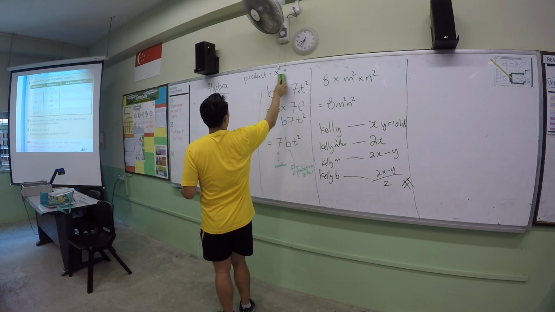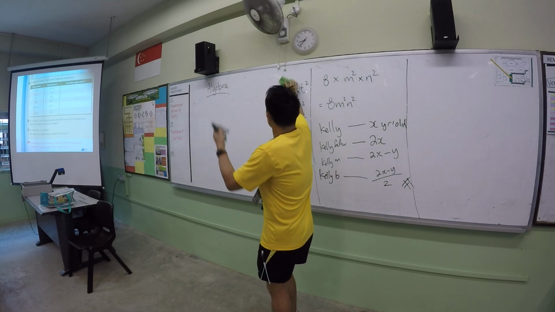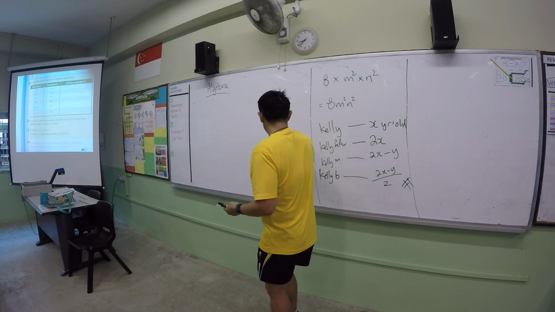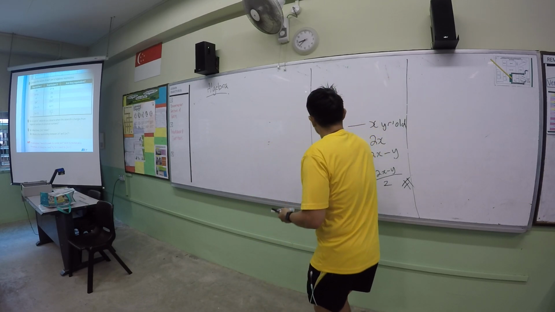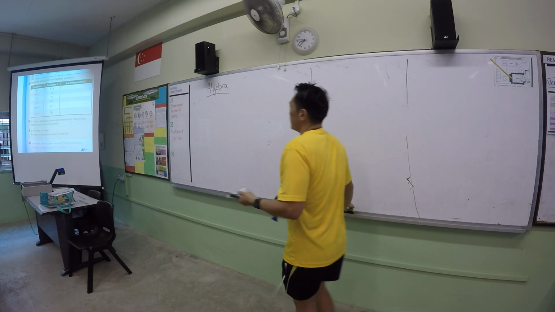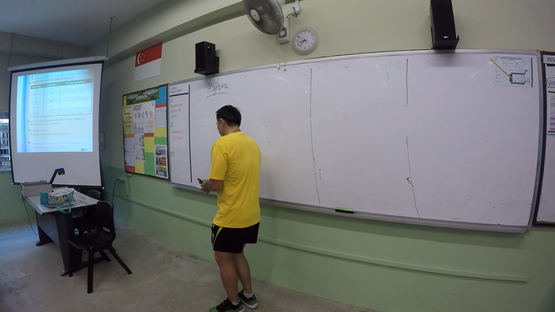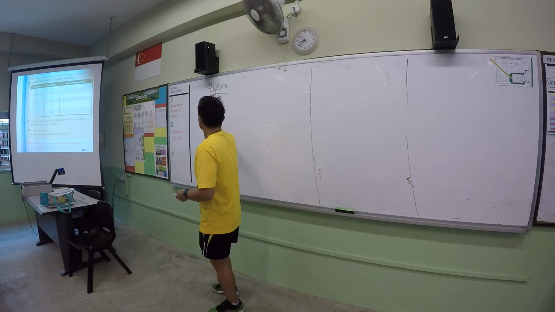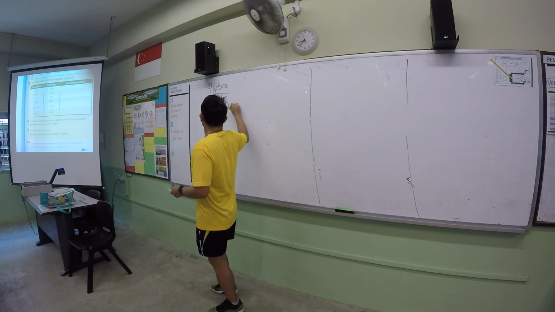Can you try and think whether the two things are the same or different? By your understanding. 2n and 2 plus n, are they the same or different?